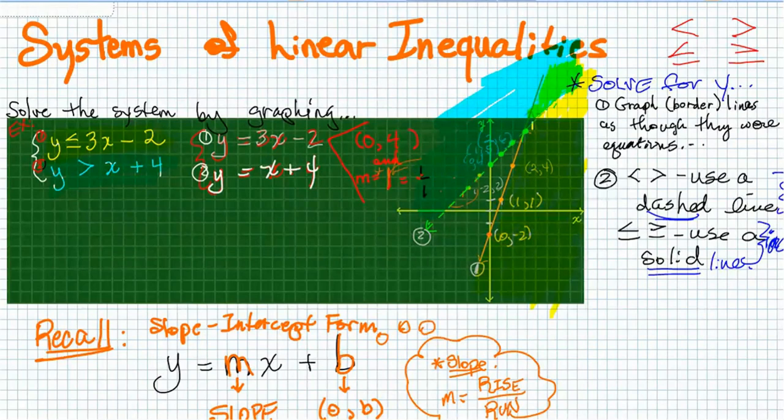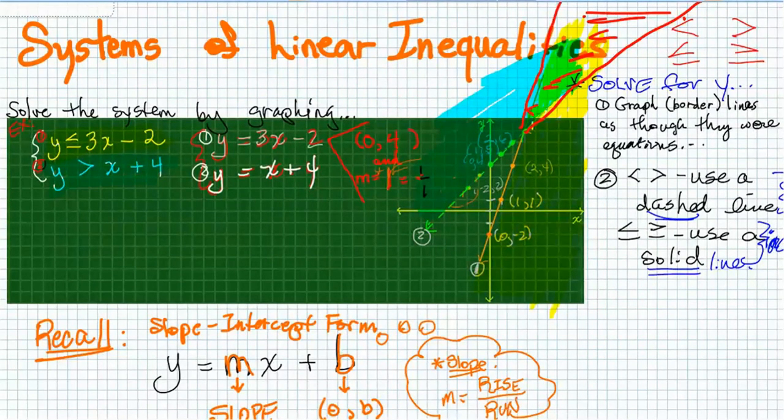It's the part that turned green, because yellow and blue make green. So that is my solution zone. Let me get my red pen and surround it in red for you. Everything inside of this area here is my solution zone.